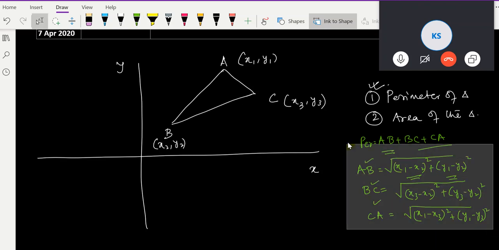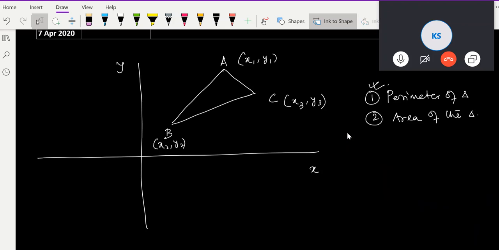Now, how do we find the area? It would be base times height divided by 2. Correct. But how do we find the base and how do we find the height?